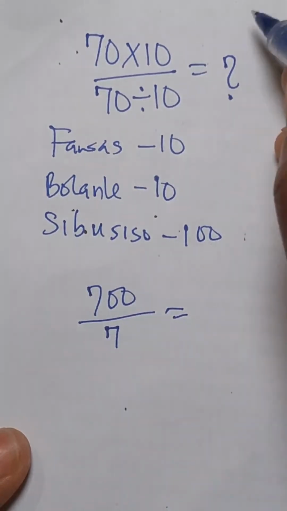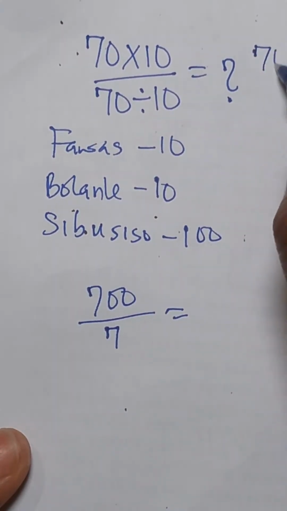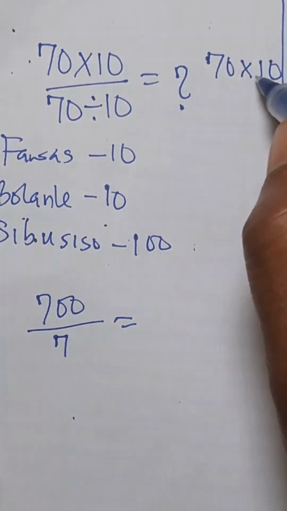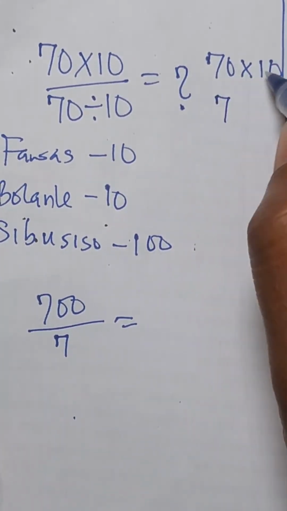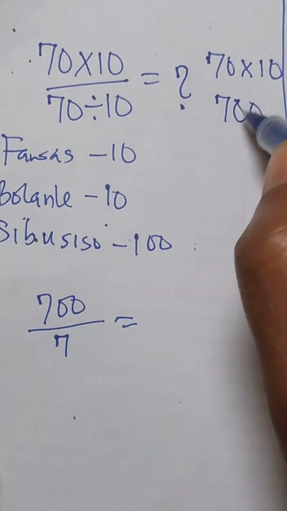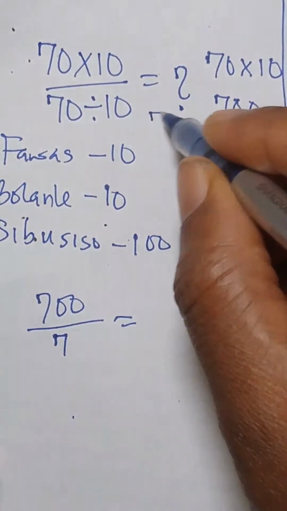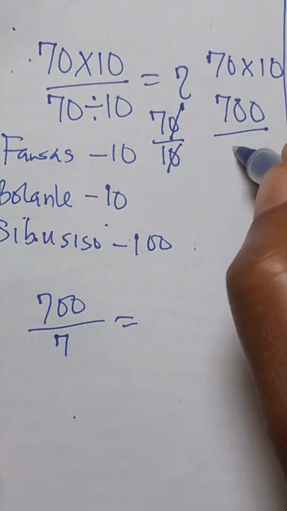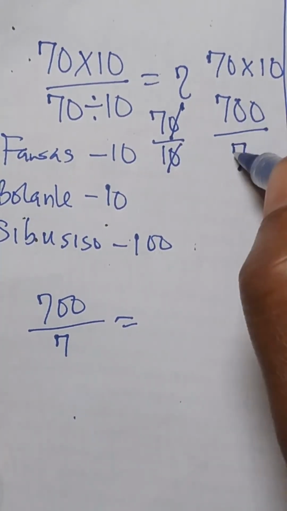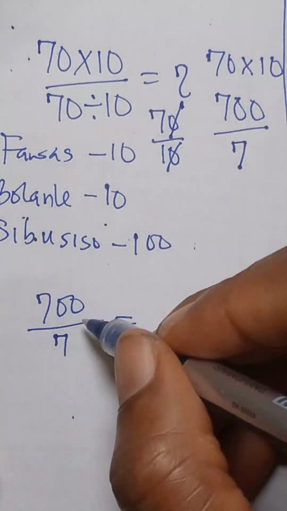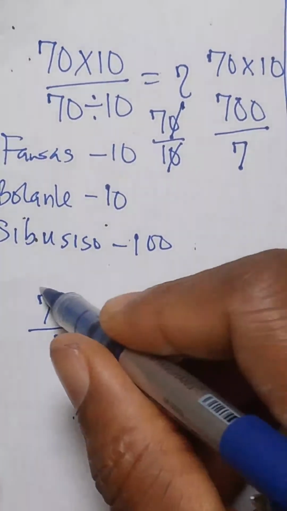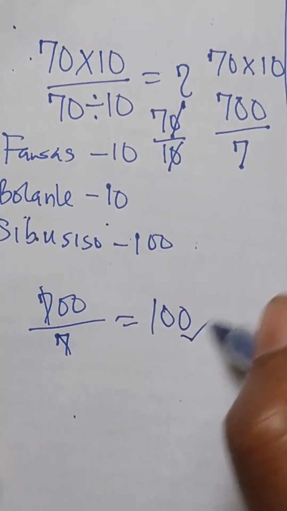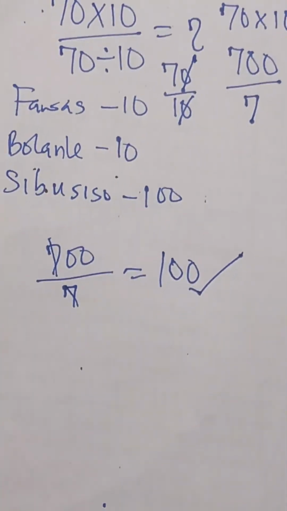So we have 700 over 7. Zero cancels, and we have 70 over 10 as 7. That is 700 over 7. And 7 will cancel itself to give us 1. We add our 20. And the answer is 100.